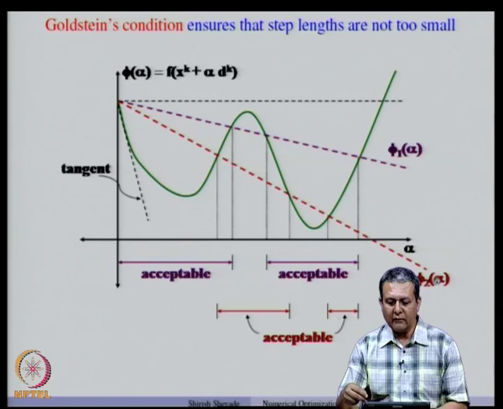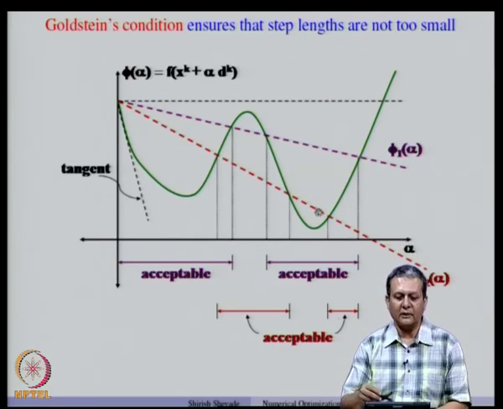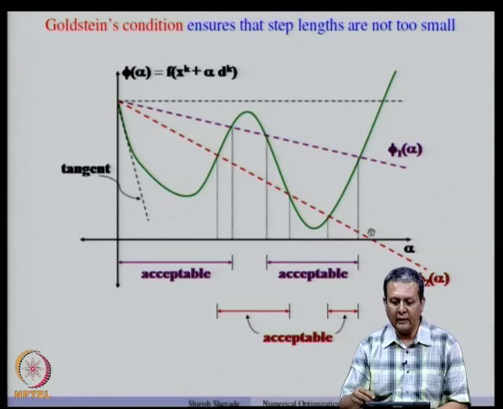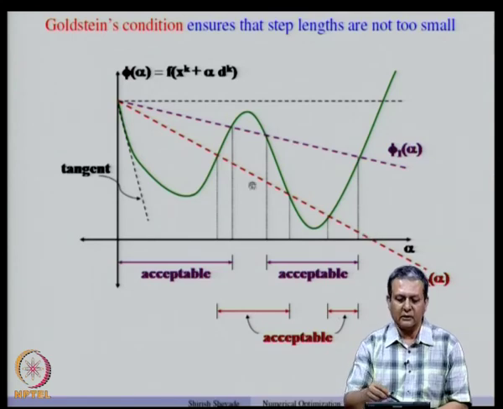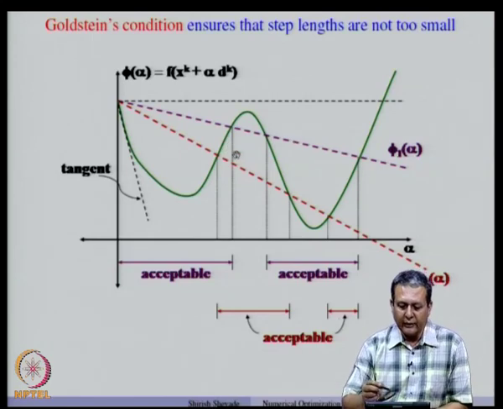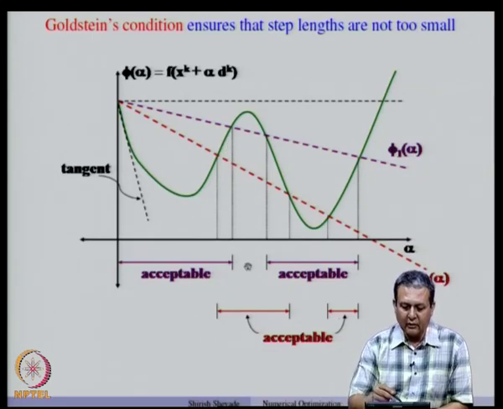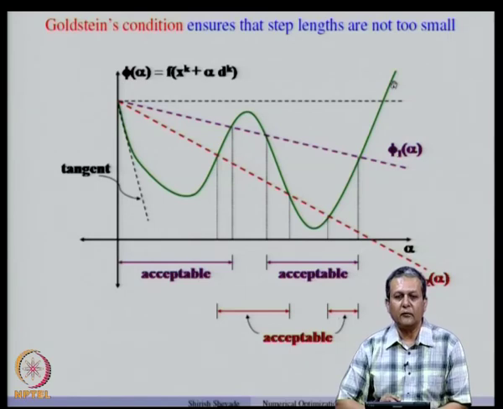Here we have another function phi 2 alpha, and according to Goldstein's condition, the function phi alpha should lie above this line shown by the red color. So, that means that according to Goldstein's condition, this part of the function and this part of the function are fine.